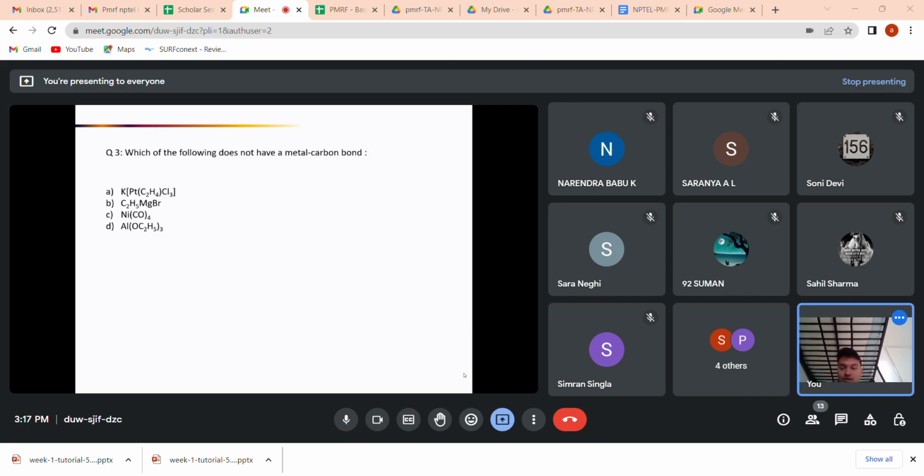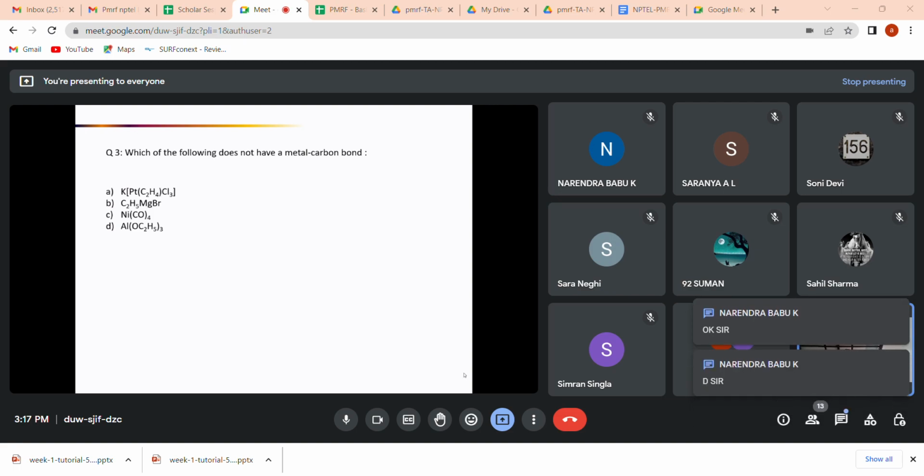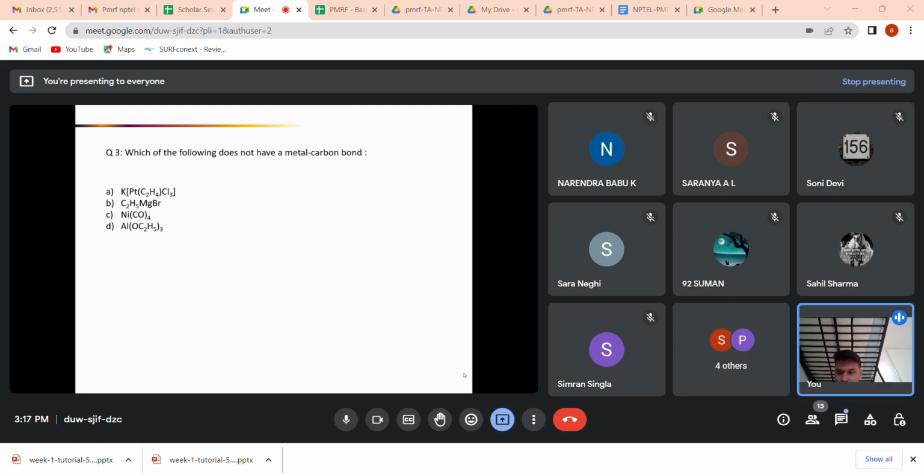Okay. So the next question is which of the following does not have a metal carbon bond? It's a question about understanding of metal carbon bonds, from valence bond theory and crystal field theory. The first option is a platinum complex, and you can see there is an olefin, obviously an alkene, C2H4, so that's ethylene with a double bond, and you have a complex.